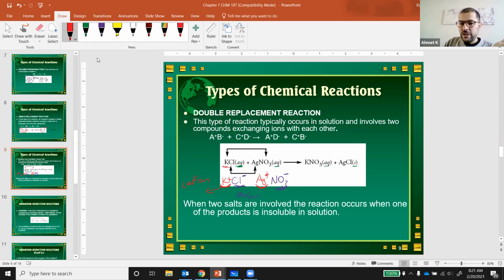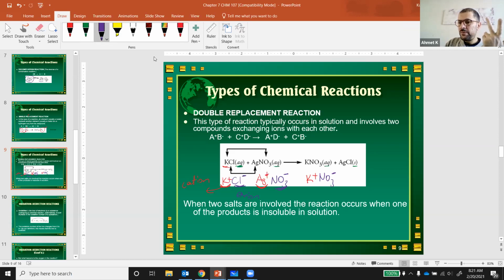So here now potassium was the cation, and here the silver was the cation with the silver nitrate. All you have to do is just switch, right? So you're writing potassium, and now it's reacting with the nitrate. Now you have potassium nitrate. You see that, right?